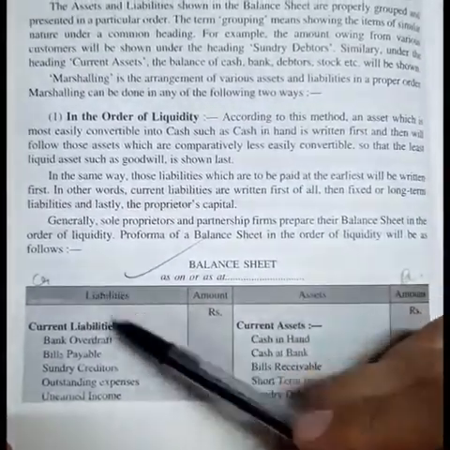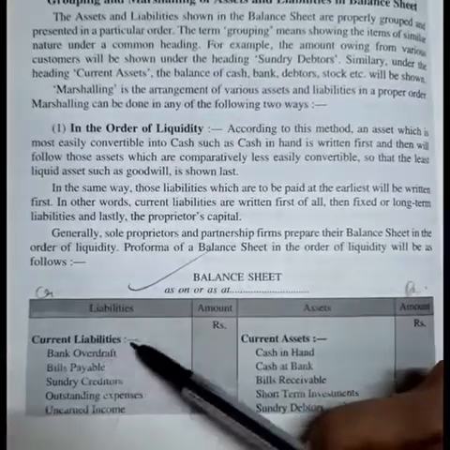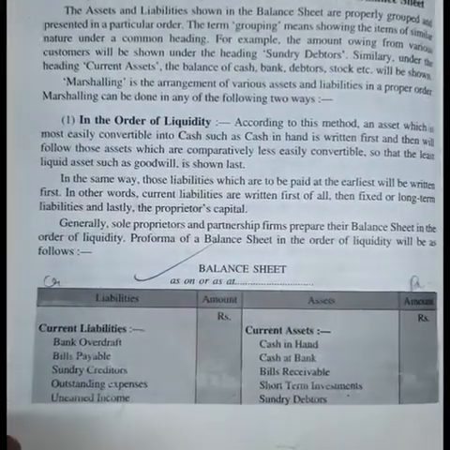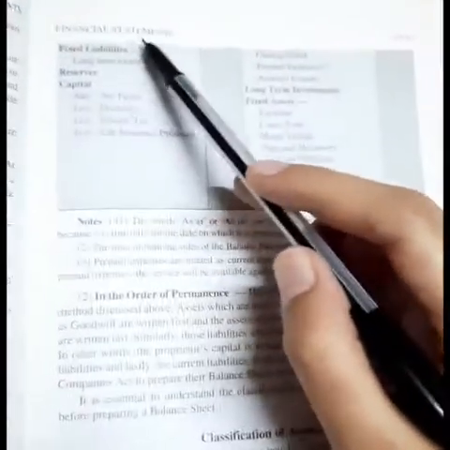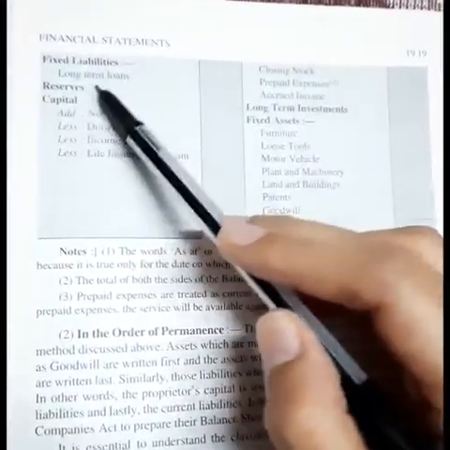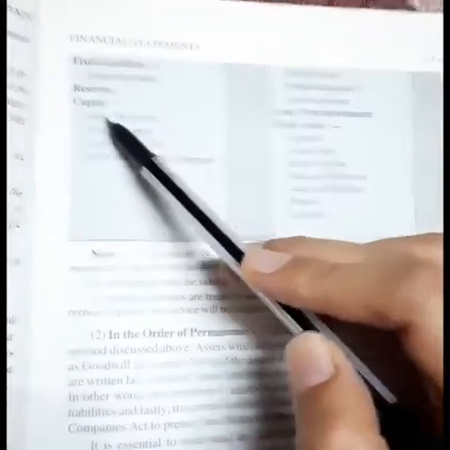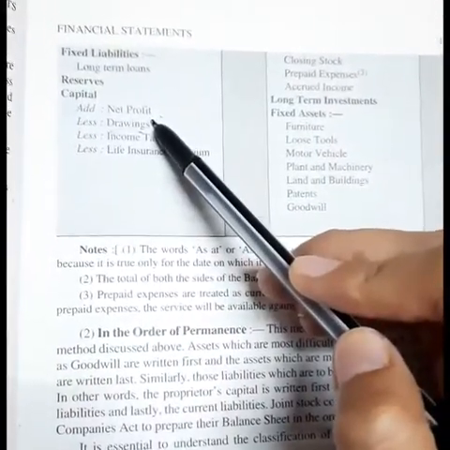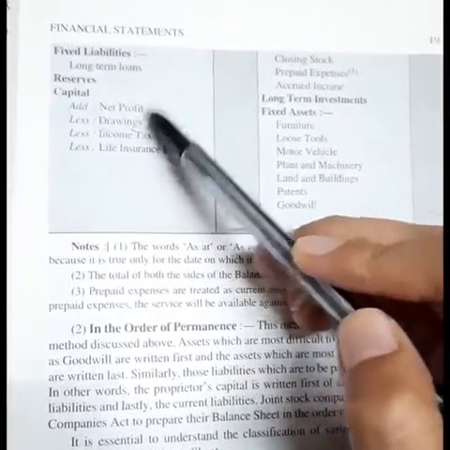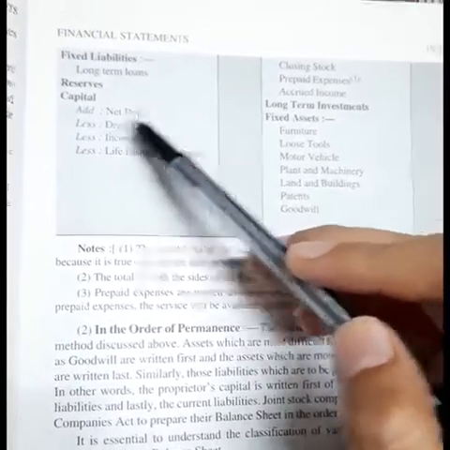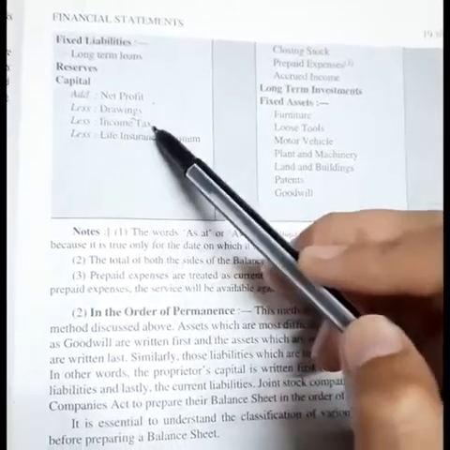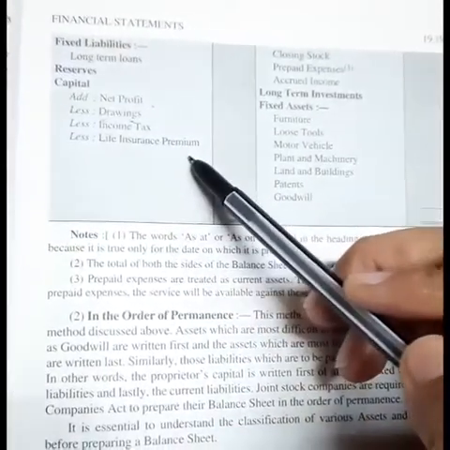In this, we will write the current liabilities like bank overdraft, bills payable, sundry creditors, unearned income, and other fixed liabilities also, like long-term loans, capital, and then we will add the net profit which we have ascertained through the profit and loss account, and then we will deduct drawings from it, income tax and life insurance premium.